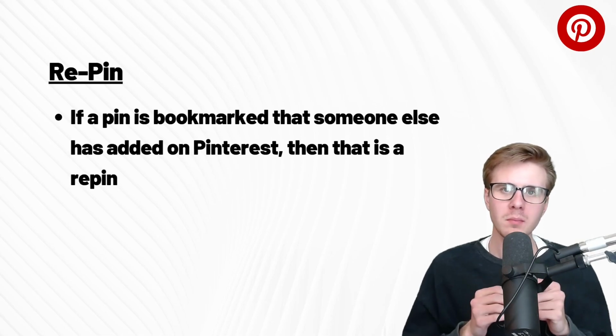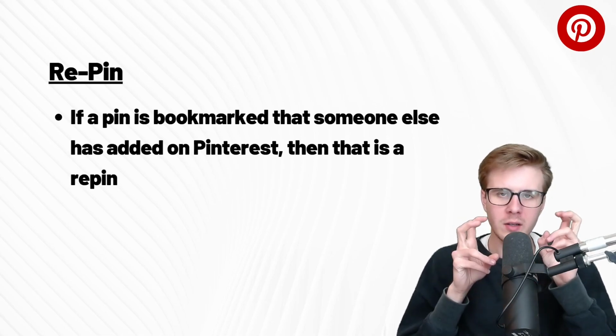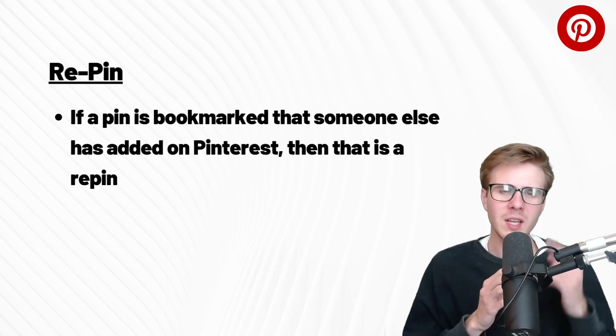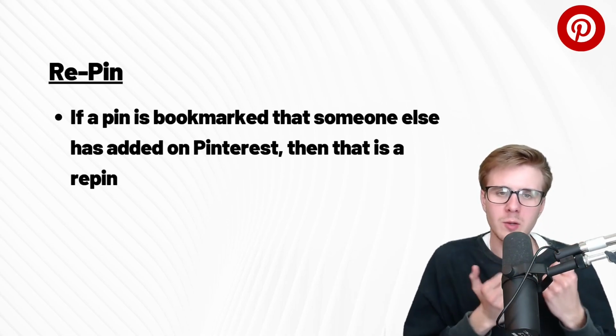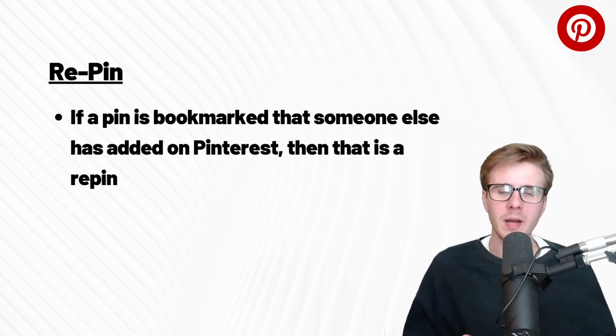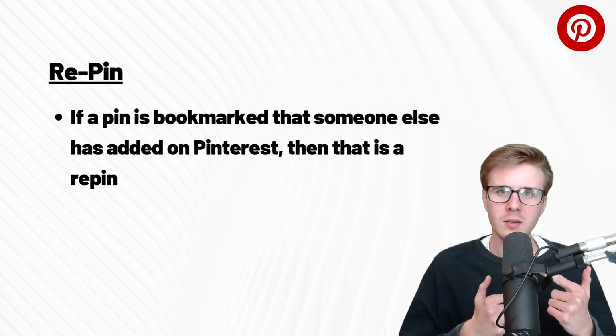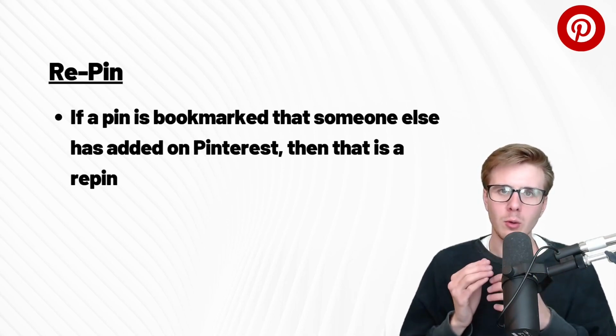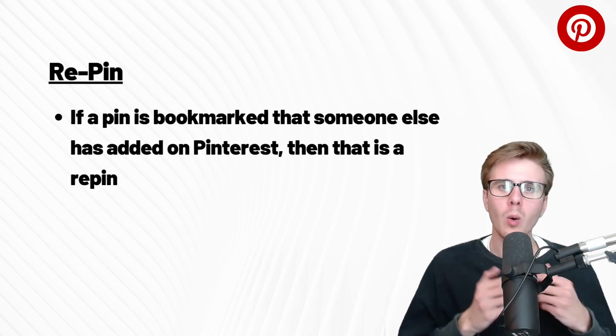So you can basically bookmark content from other people, which in the beginning is a bit confusing, why should I do that? But in the end, this is how Pinterest works. So it's a combination of repinning existing content, putting that in your own folders, and producing your own content.